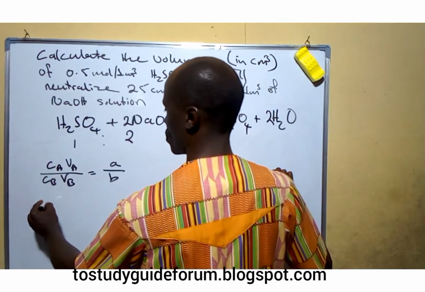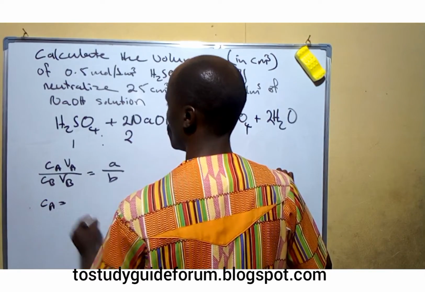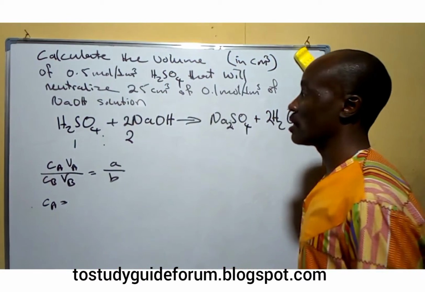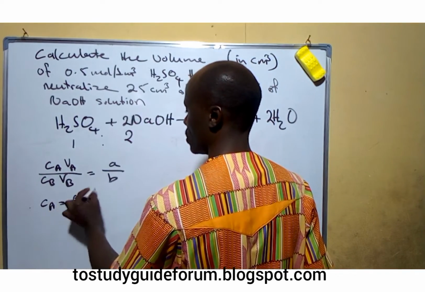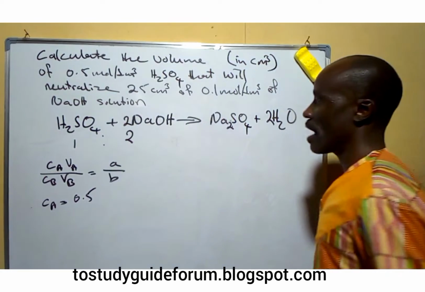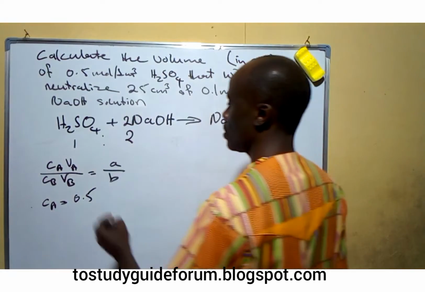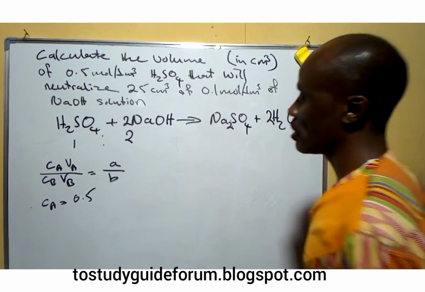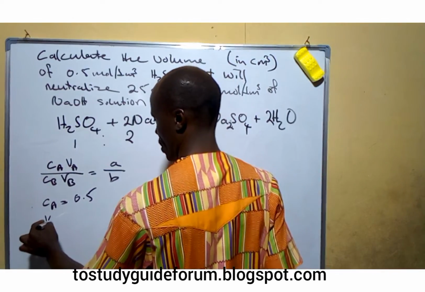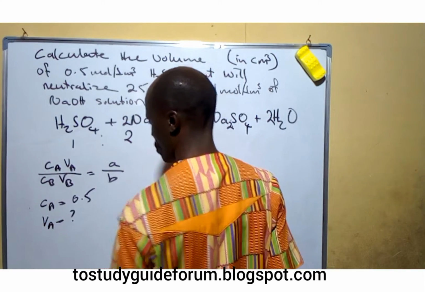So we have the concentration of A, which is the tetraoxosulfate VI acid, 0.5. Then the volume is what we are looking for. We don't have the volume here. The volume is unknown.